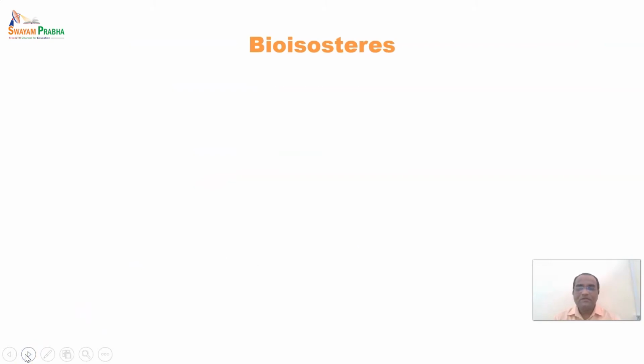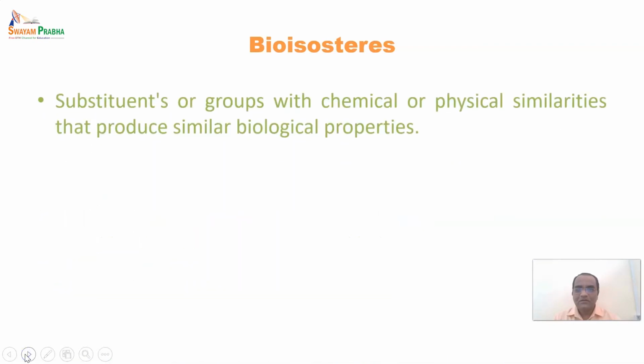After that, we will come to the concept of bioisosteres: substituents or groups with chemical or physical similarity that produce similar biological properties. So here the compounds have similar types of substituents, and they produce similar biological properties also.